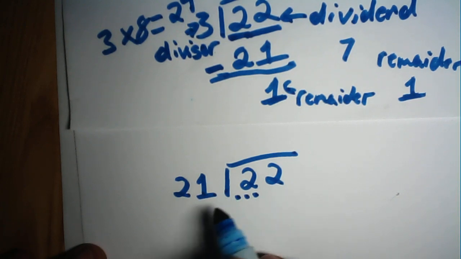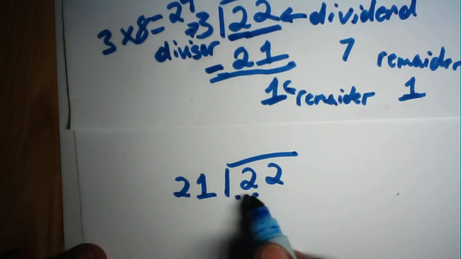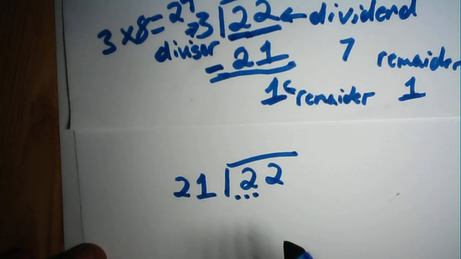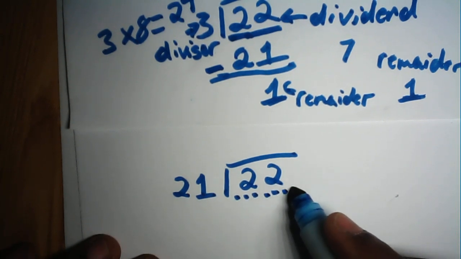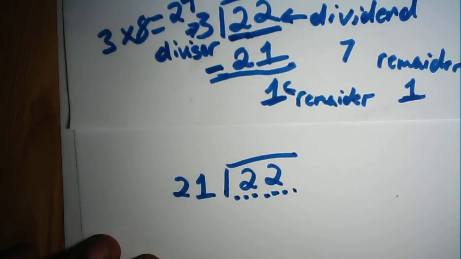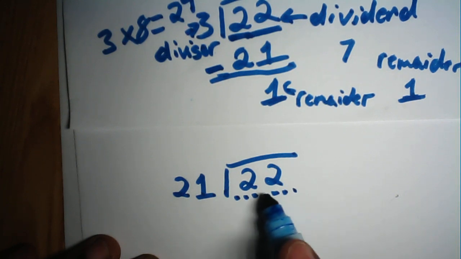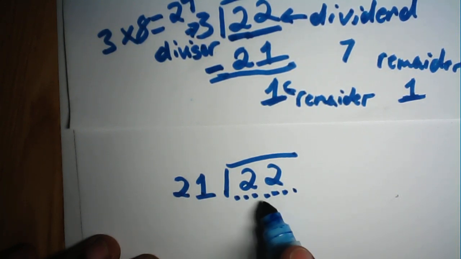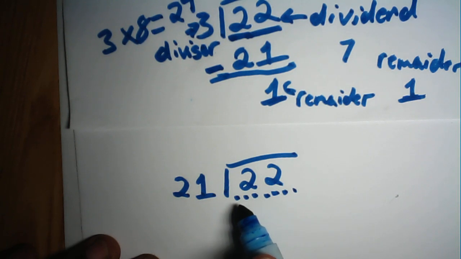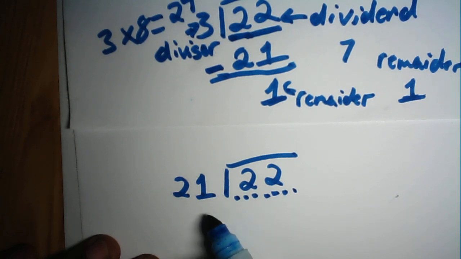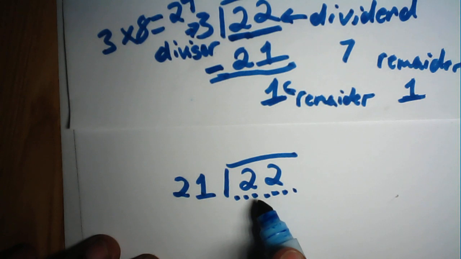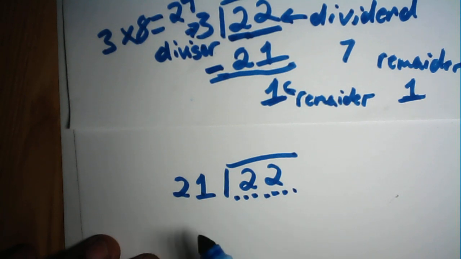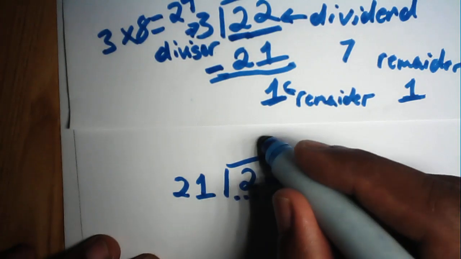Now we go to the next number, 22. Can 21 divide 22? The answer is yes. It doesn't divide evenly, because 21 times 2 is way bigger than 22, but 21 times 1 is less than 22. So we're going to use 21 times 1.